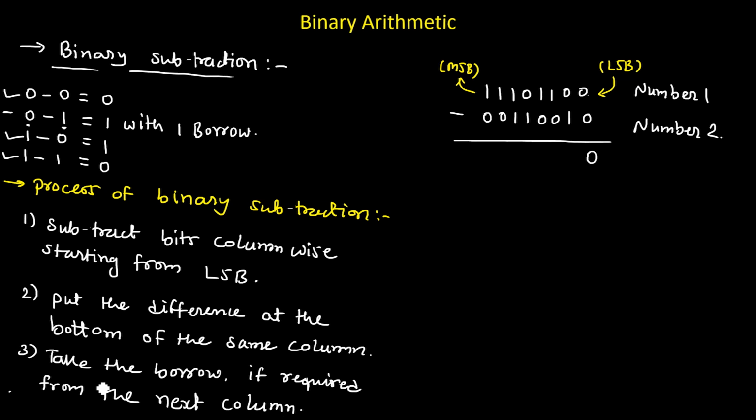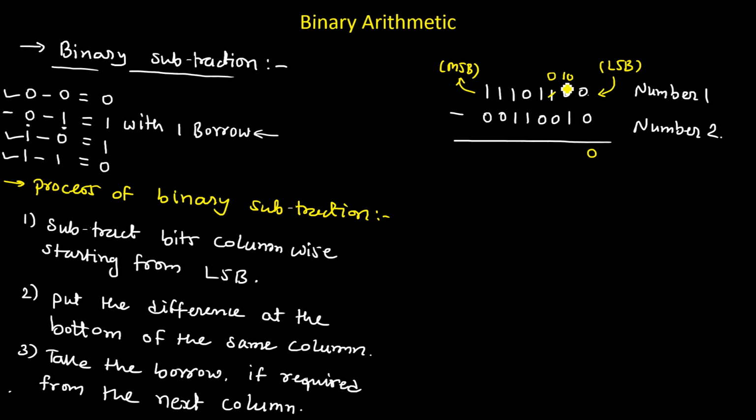In the second column, we have 0 minus 1. This is the second case, 0 minus 1, so as per point number 3, we have to take one borrow from the next column. So this one is cancelled out and here is 0, and we get one borrow from the next column. So the borrow makes it 10.